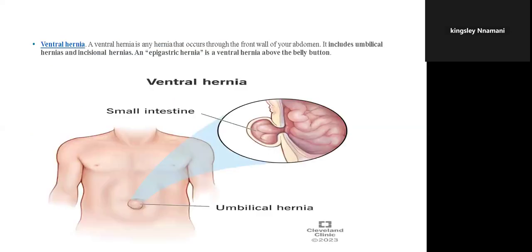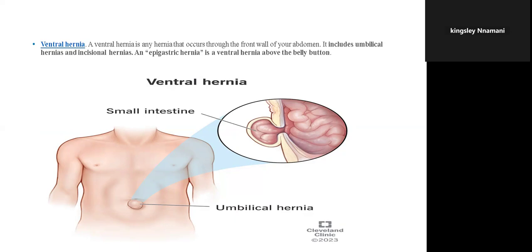Ventral hernia is just a general term that the medical personnel use. I brought it up just for us to understand it, because those who are medically inclined are very familiar with this term. Ventral hernia is a term that covers the umbilical hernias as well as the incisional hernias, especially the one below the diaphragm.